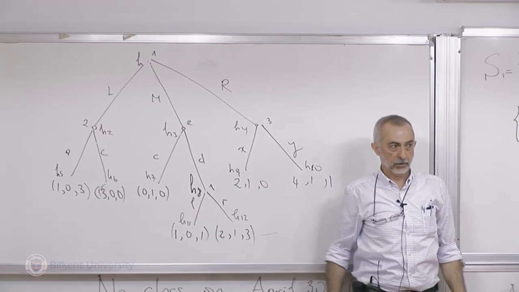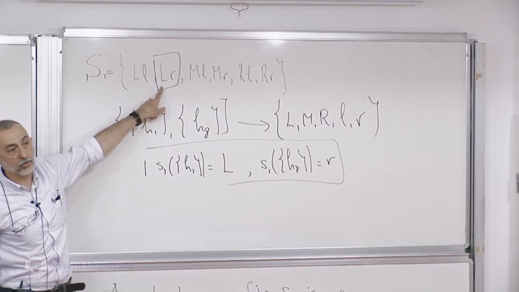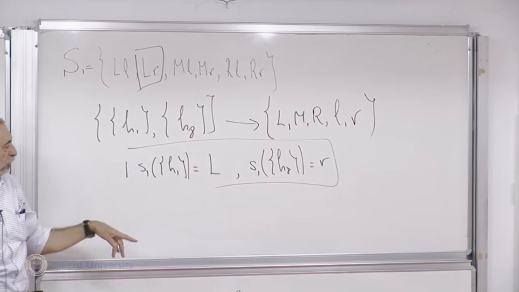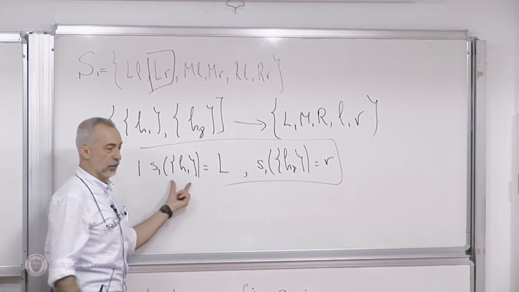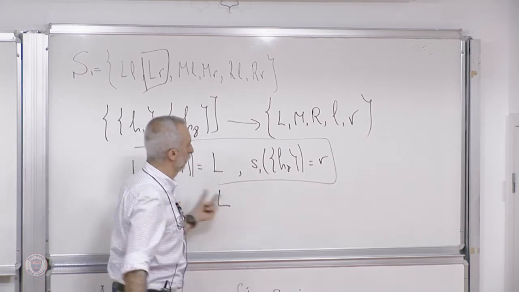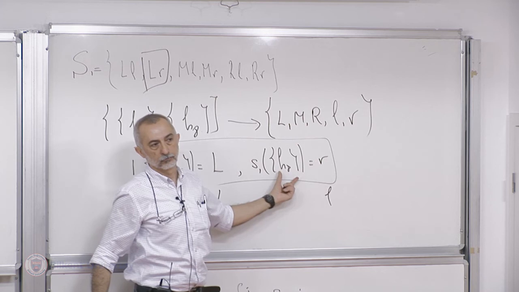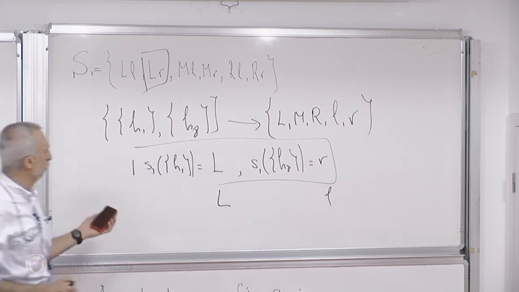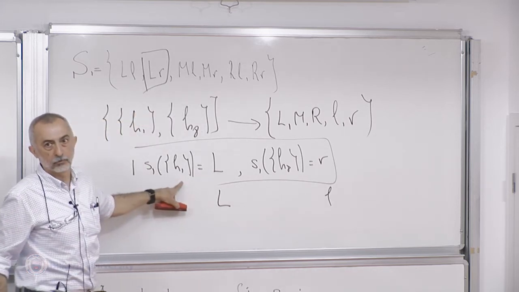Okay? But actually, every strategy is a function. But this is a simpler representation of this function. That's another representation of a function which maps this information set to L, which maps this information set to small l. Okay? So far, so good? So, keep that in mind. So that's a shorthand notation of a function.